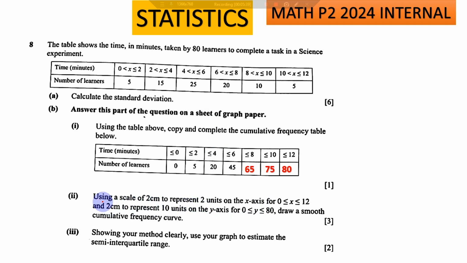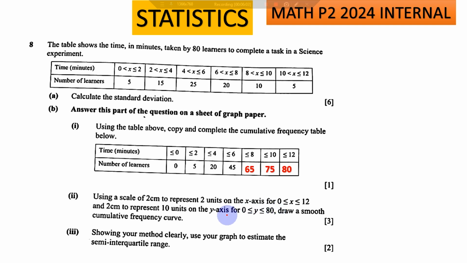The next question is saying, using a scale of 2 centimeters to represent 2 units on the x-axis for 0 less than or equal to x less than or equal to 12, and 2 centimeters to represent 10 units on the y-axis for 0 less than or equal to y less than or equal to 80.